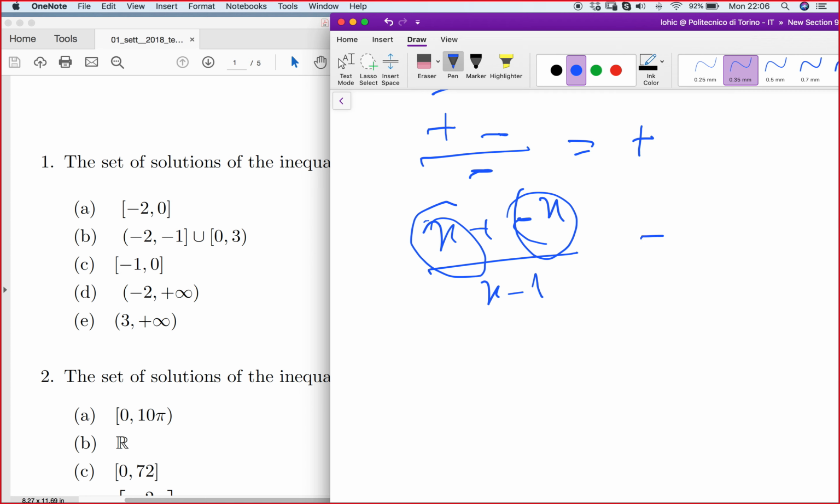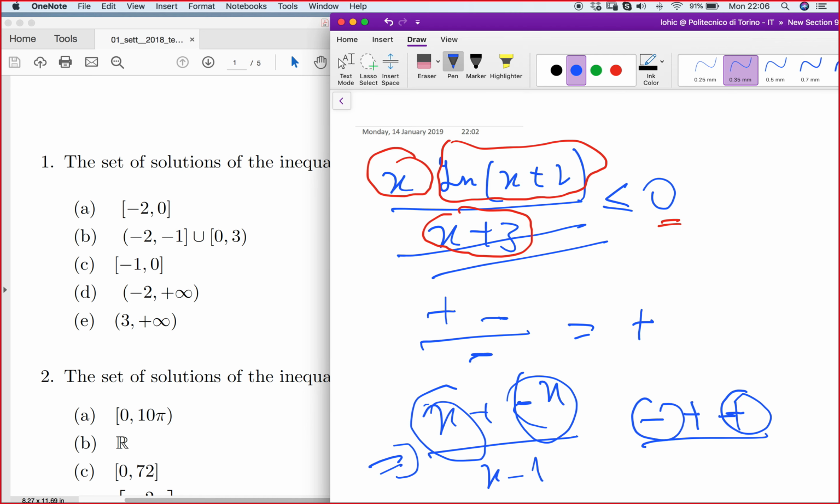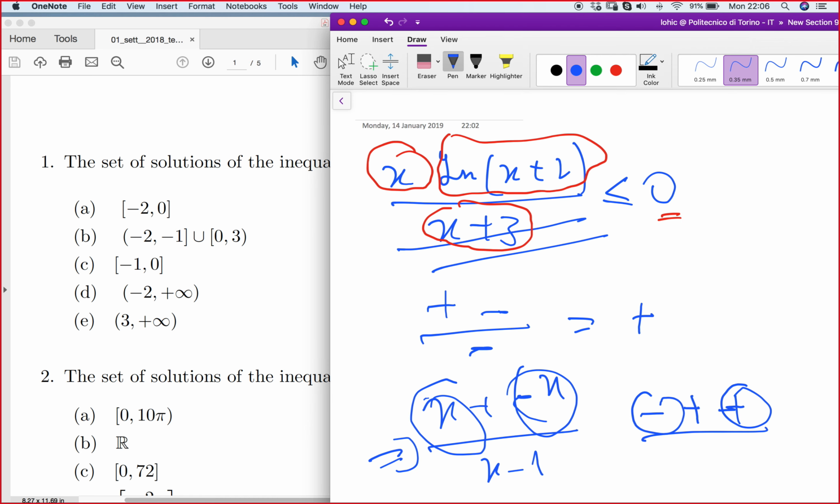When you add something positive to something negative, do you know if the result is going to be positive or negative? No, it may be either, yes or not. So it depends on the values. Is that clear? So this expression here is not in factorized form, but this one is already in factorized form, right?